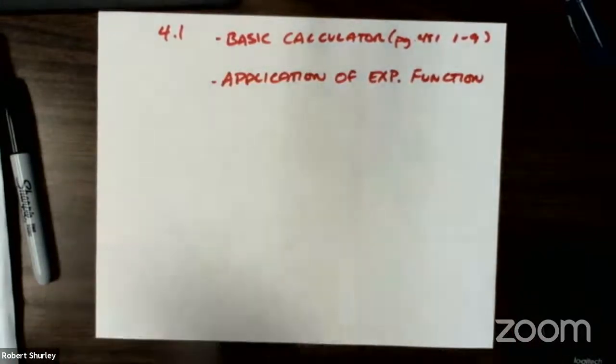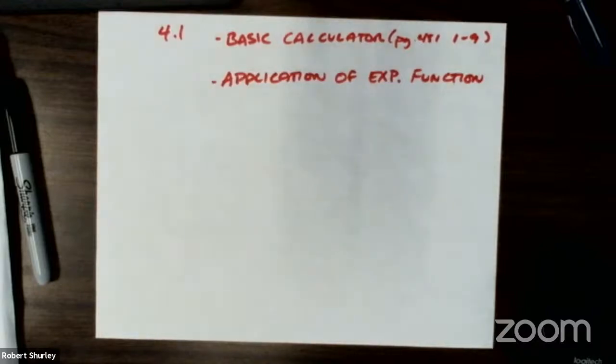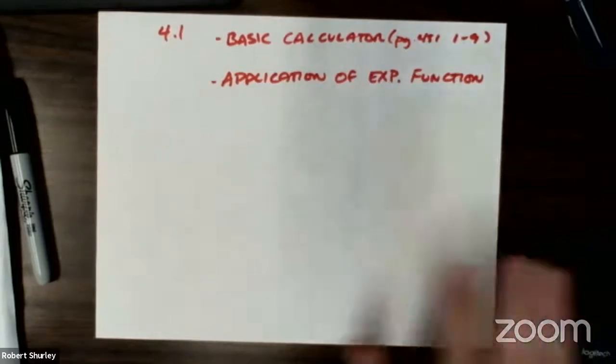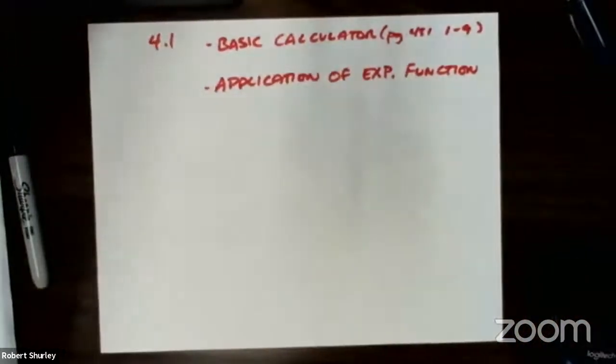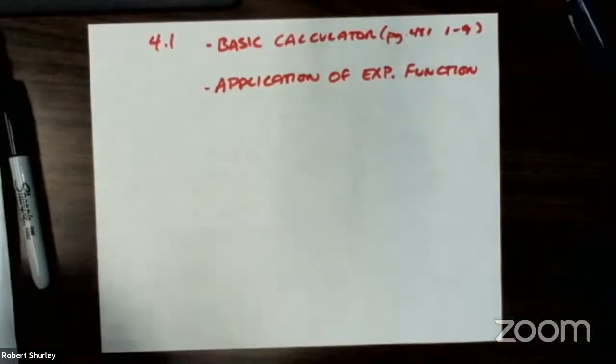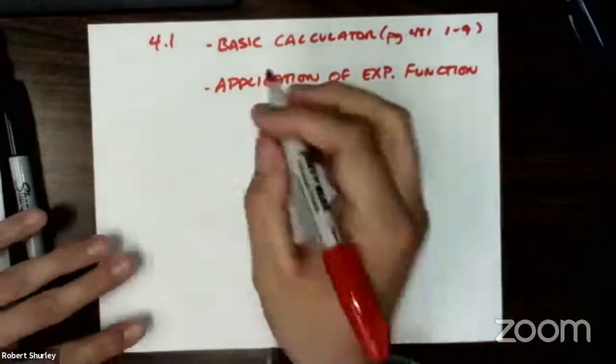Like in the homework, it was an equation that modeled gray wolf population, and X was number of years after 1980. Well, what does the model predict will happen in 1992? Something along those lines. That's an application example that'll pop up. And then the last part is the compound interest examples.